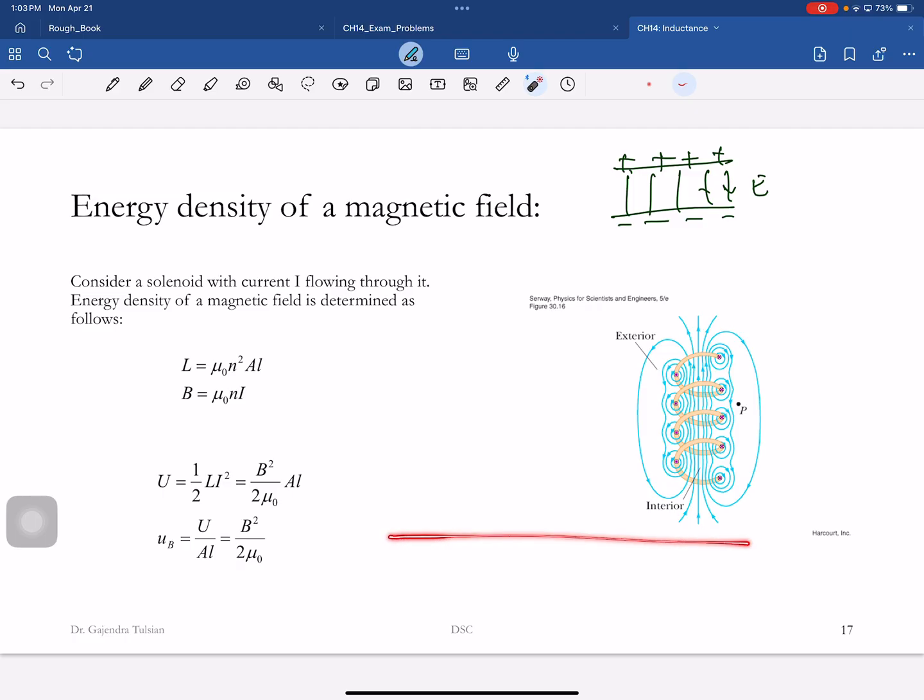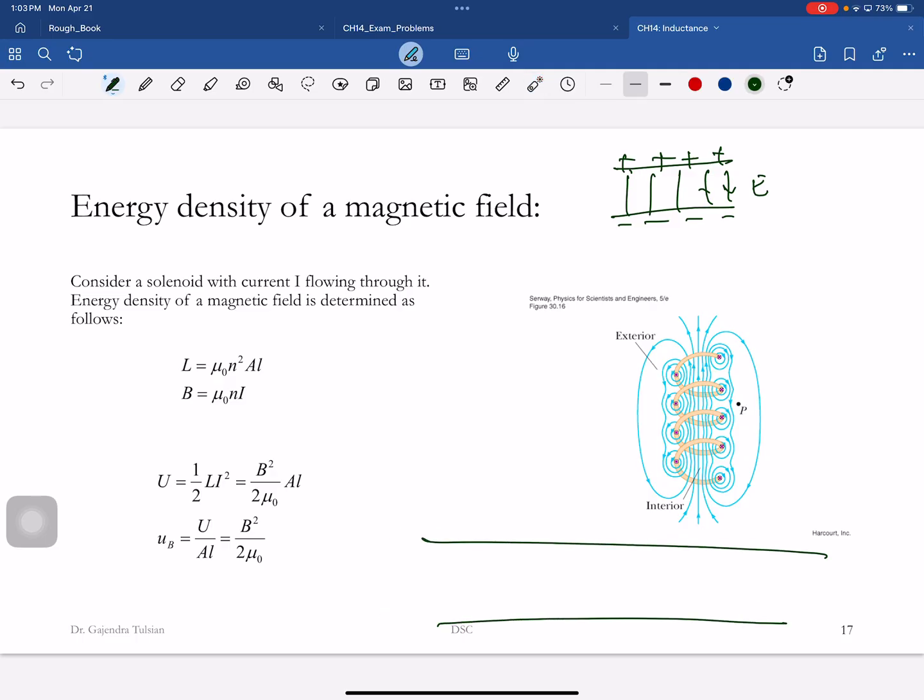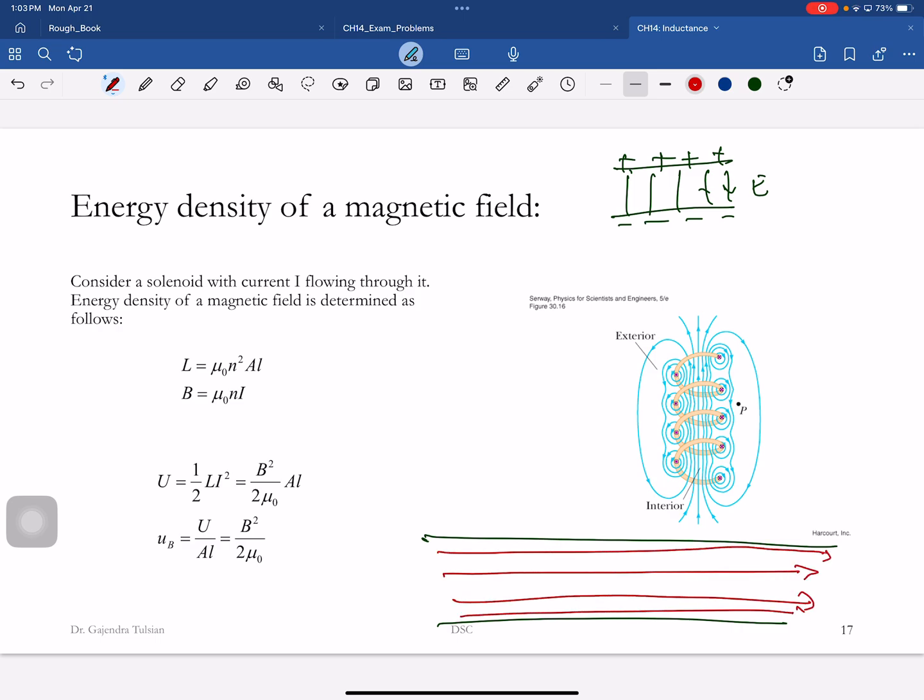So in an ideal inductor, if you consider an infinitely long inductor, most of the field is inside the inductor and uniform.